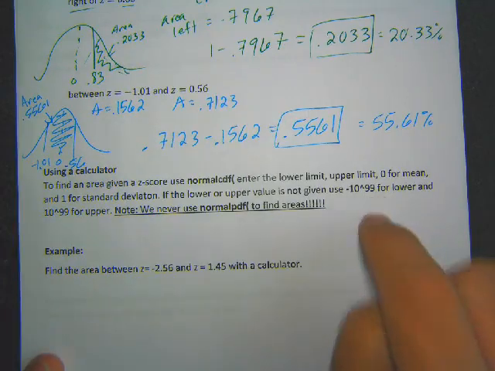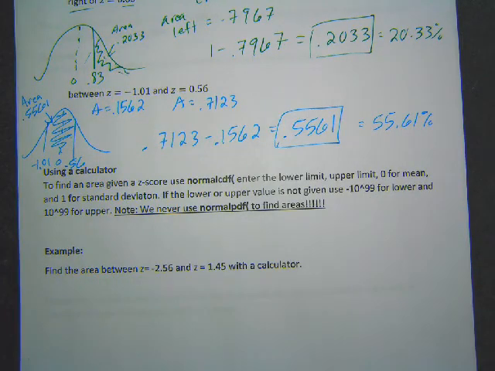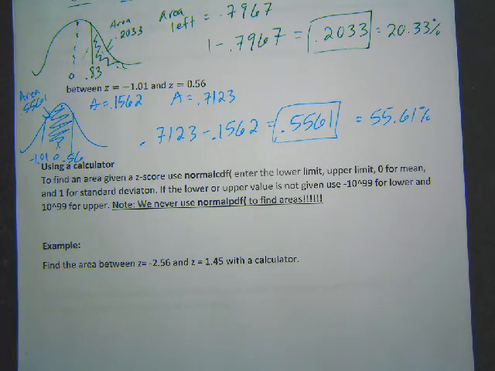But if your calculator will let you just do negative 10 to the 99th, that's just really big. That's all I'm doing. Negative 10 billion is really small. To me, it's a really big number, but just in the negative direction.